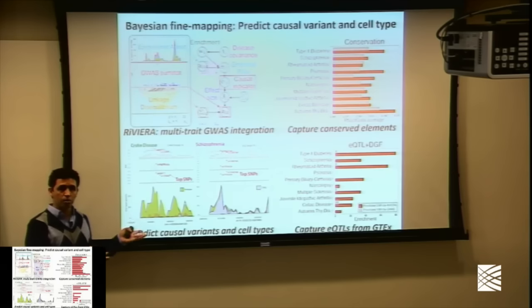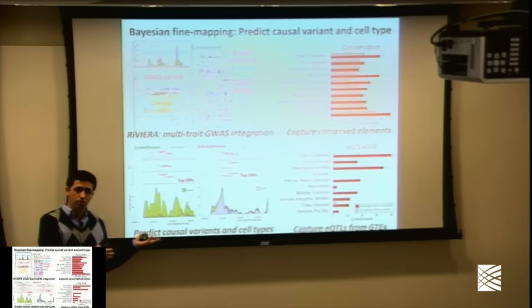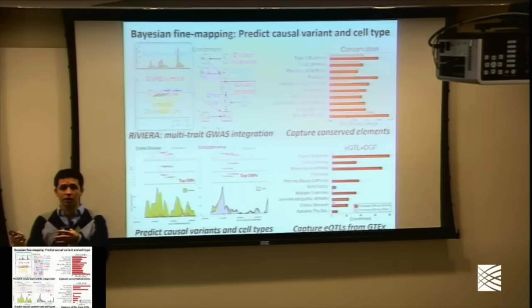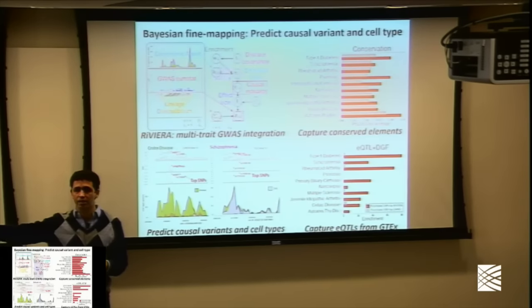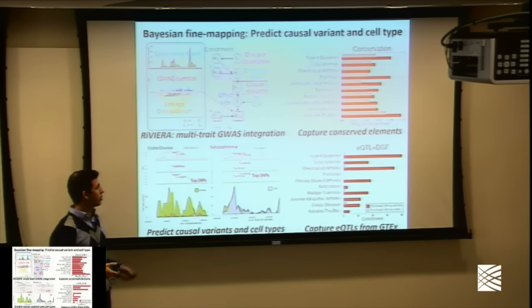But we can use the epigenomic annotations to try to maybe get a little bit ahead of ourselves in terms of predicting what the next cohort size will tell me about this particular region.